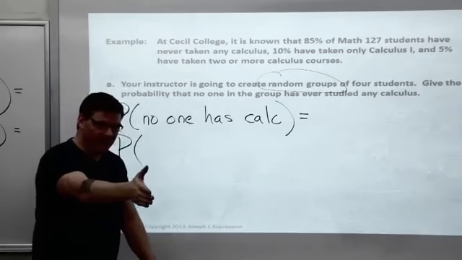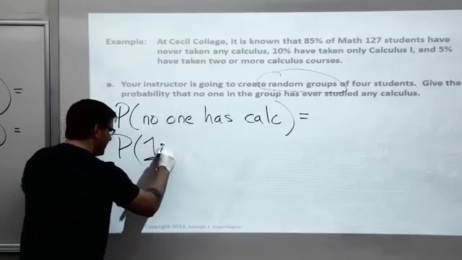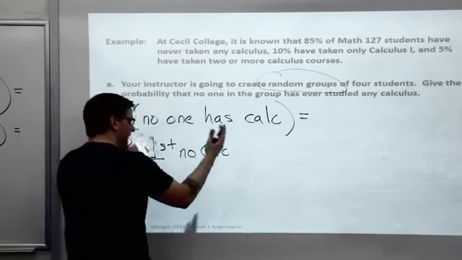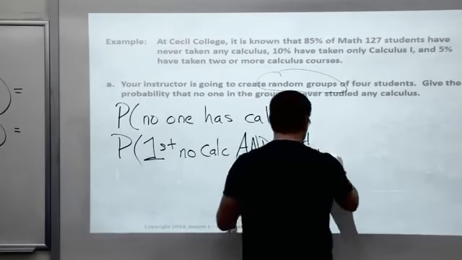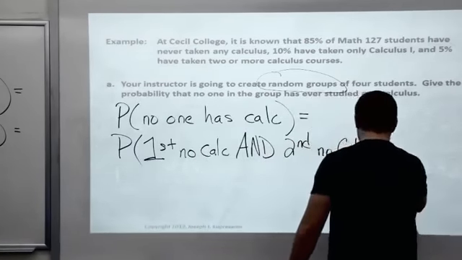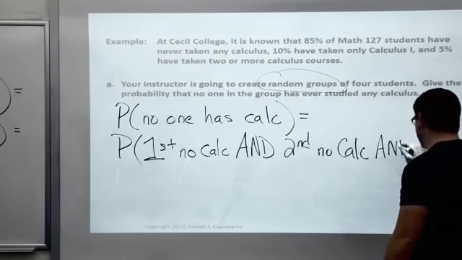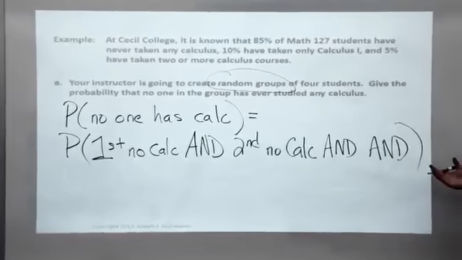Second person, no calc. Third, fourth, same deal. So, first person, no calc. And, has to be and. Second person, no calc. And, third and fourth. Can I do this? Lazy, I ran out of board, but right. First, second, third, and fourth, no calc.